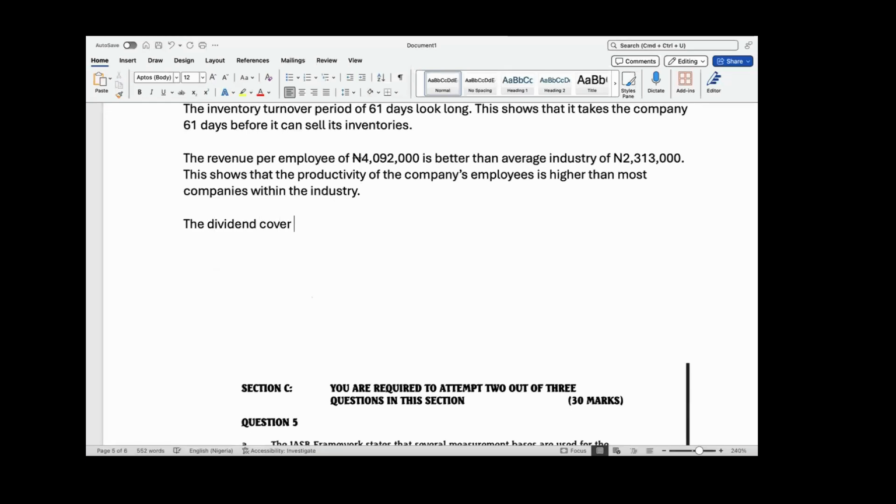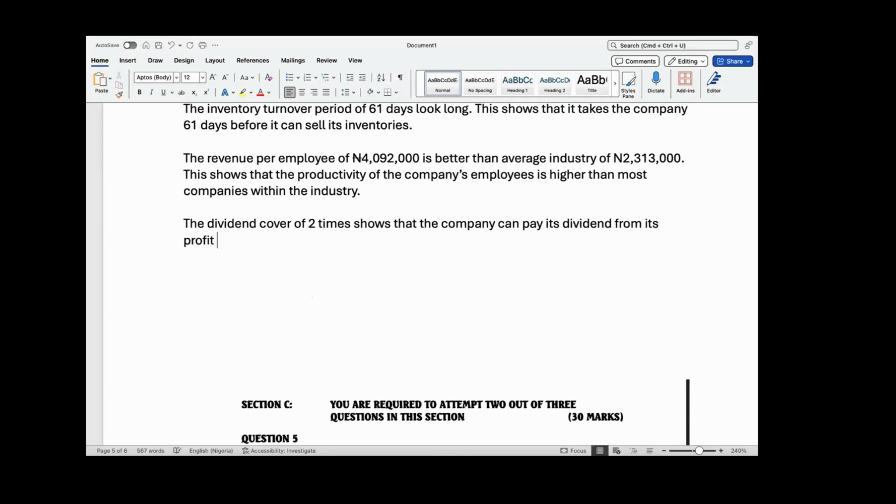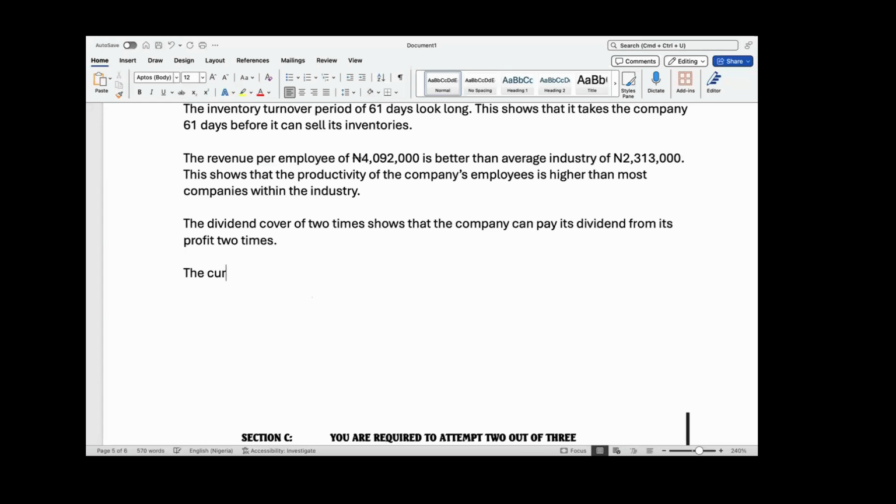The dividend cover of 2 times shows that the company can pay its dividend from its profits 2 times. And it is a plus.